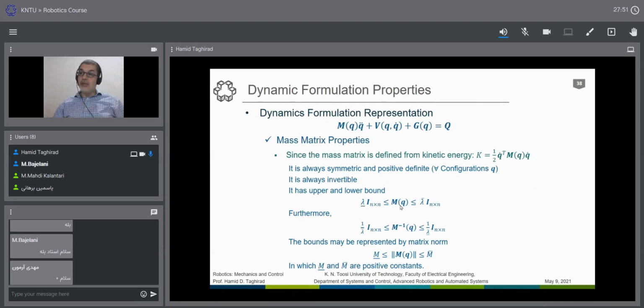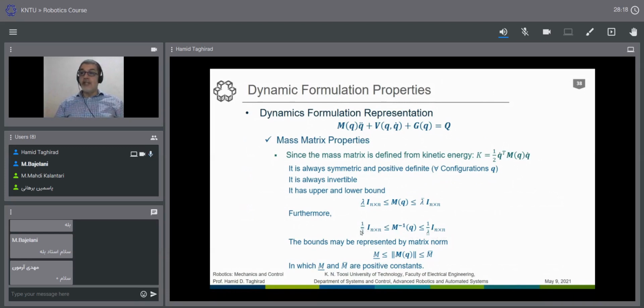We denote the minimum and maximum eigenvalues by lambda underbar and lambda upper bar. These give the lower and upper limits of the mass matrix, and similarly the inverse can be bounded by the inverse of the lower and upper eigenvalues.